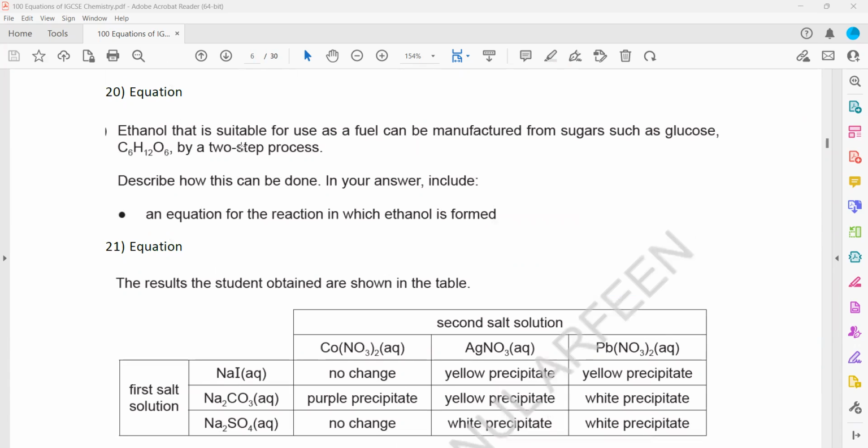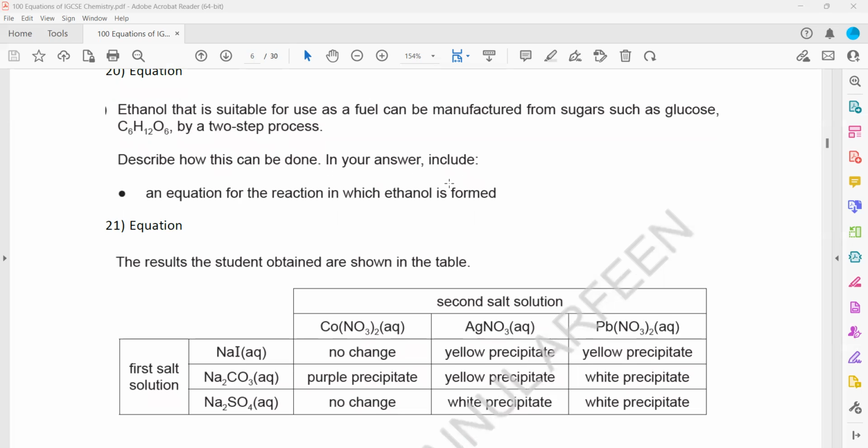Ethanol that is suitable for use as a fuel can be manufactured from sugar such as glucose, C6H12O6, by a 2-step process. Describe how this can be done. In your answer, include an equation for the reaction. How ethanol can be made from glucose. You can use any part of this.